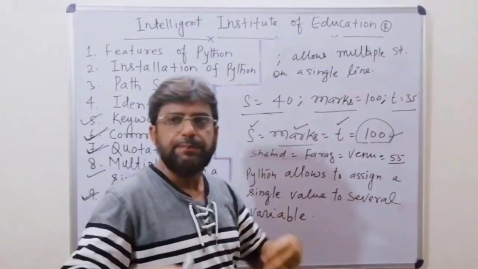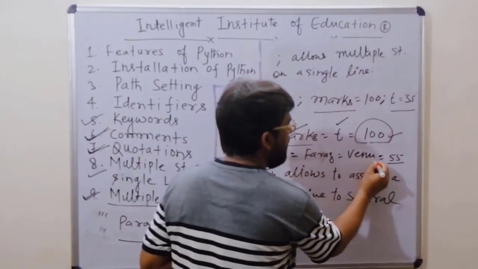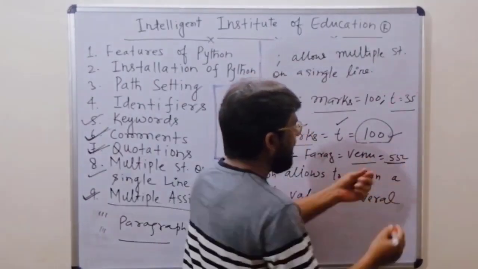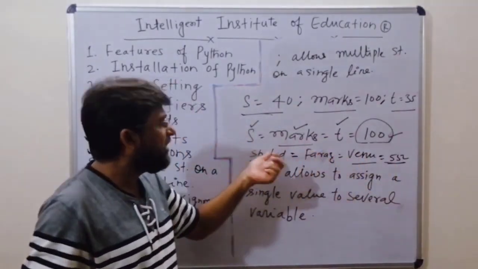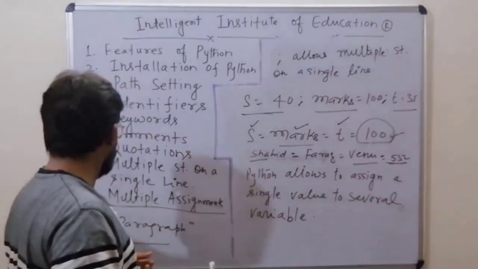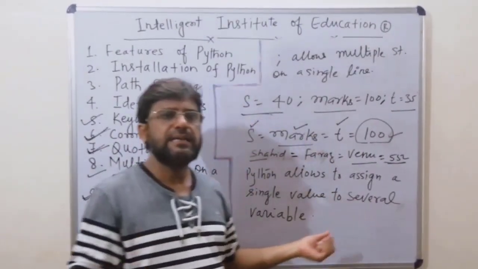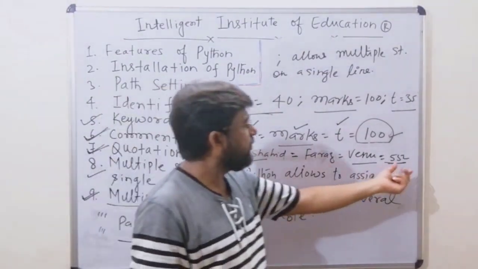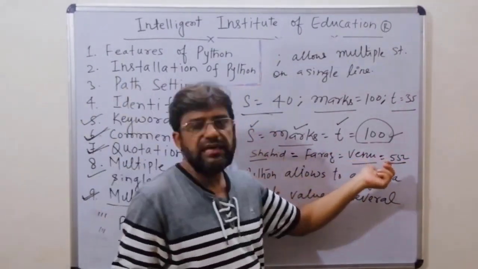So we represent it like Shahid equal to Fraz equal to Venue, and the weight is 55. We are assigning this 55 to three different people. So we can say this is multiple assignment: one value is assigned to multiple variables.